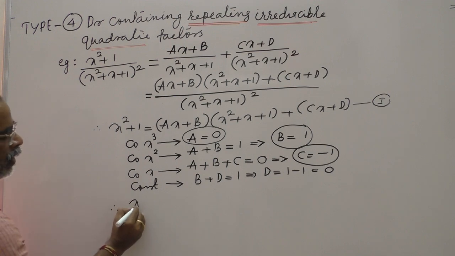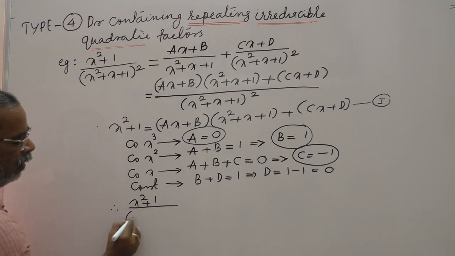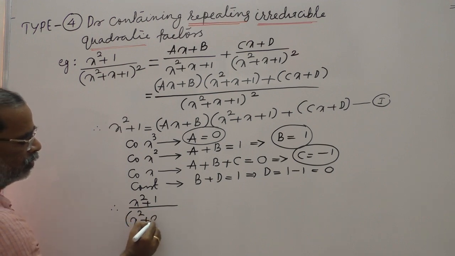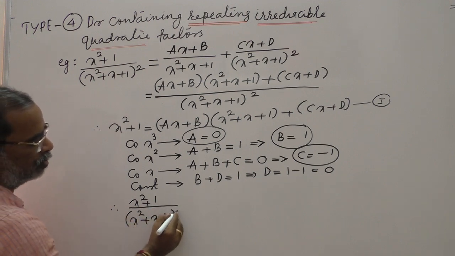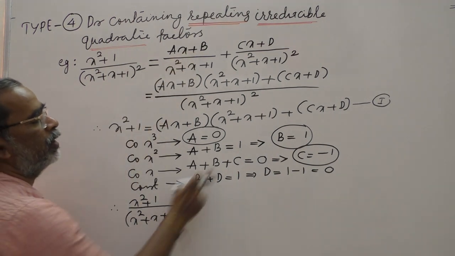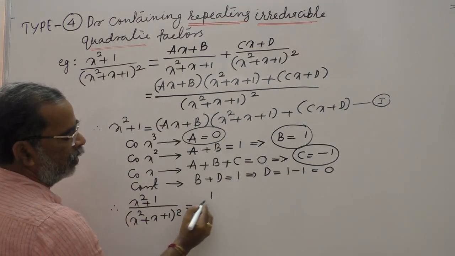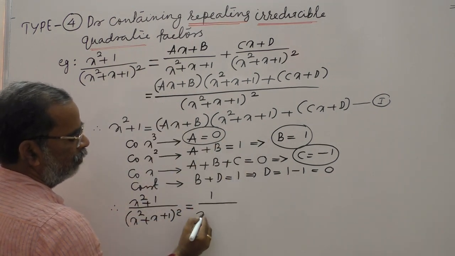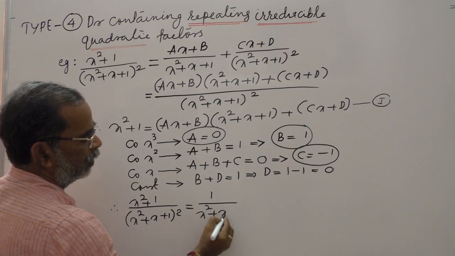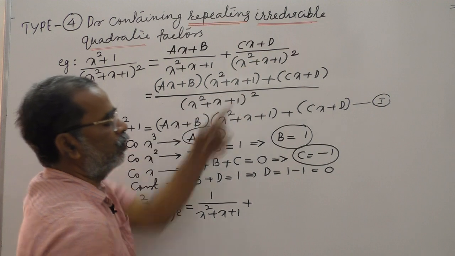Therefore the given rational fraction x square plus 1 divided by x square plus x plus 1 whole square, we have split it as ax plus b. What is a? 0 plus b is 1. 0 plus 1 is 1 divided by x square plus x plus 1. Next, cx plus d.